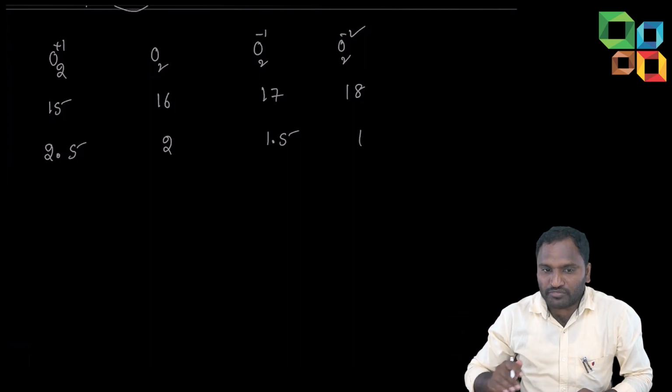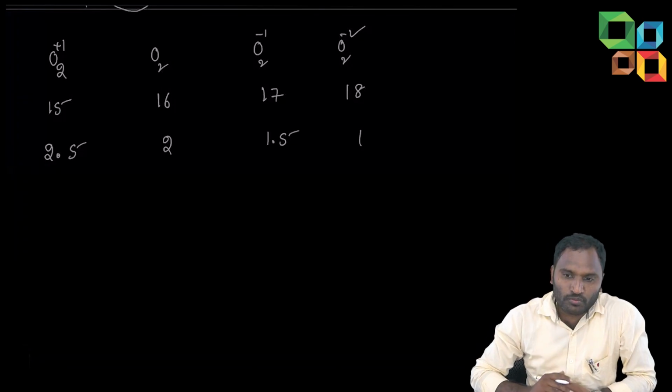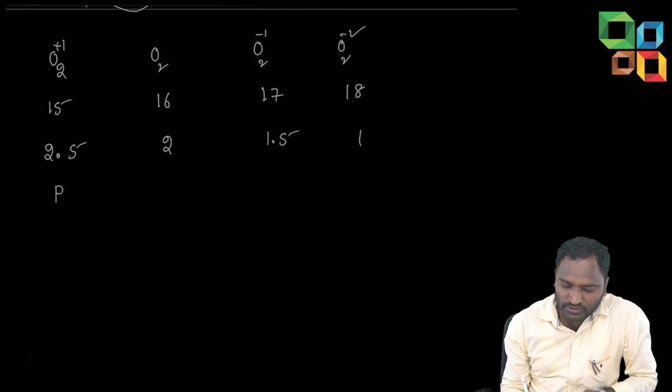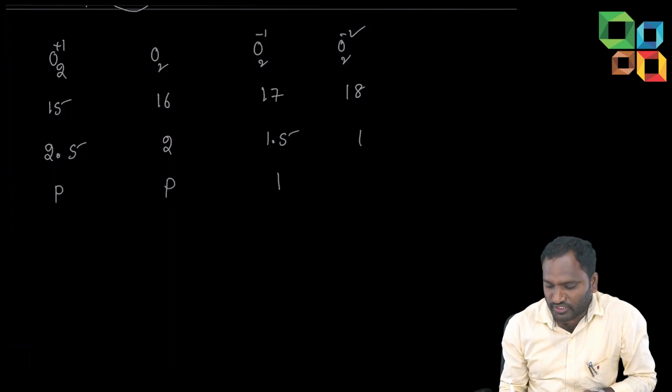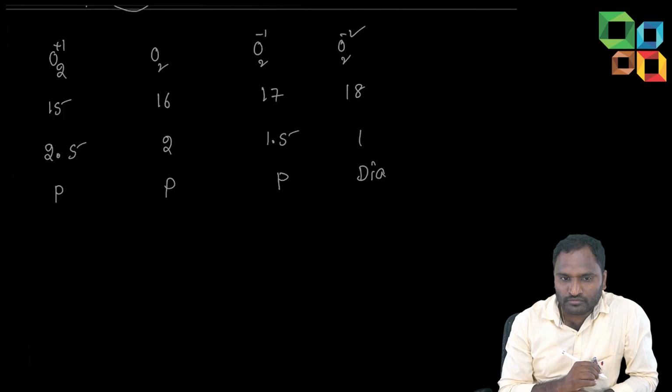Understood, students? We got the same thing as by using the energy order. Check once: 2.5. And magnetic nature: 15 electrons paramagnetic, 16 paramagnetic, 17 paramagnetic, 18 diamagnetic. Easy?